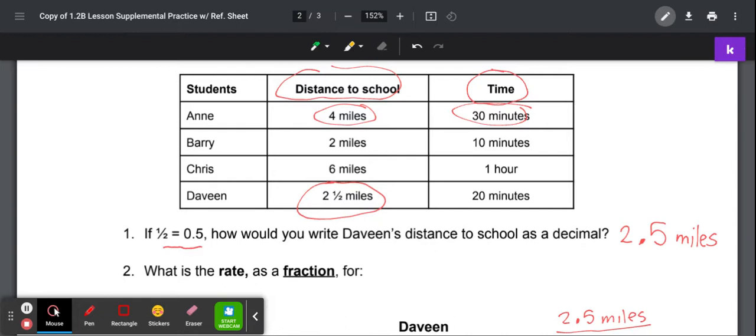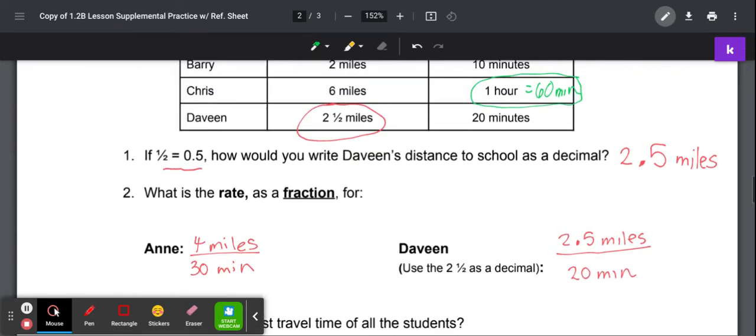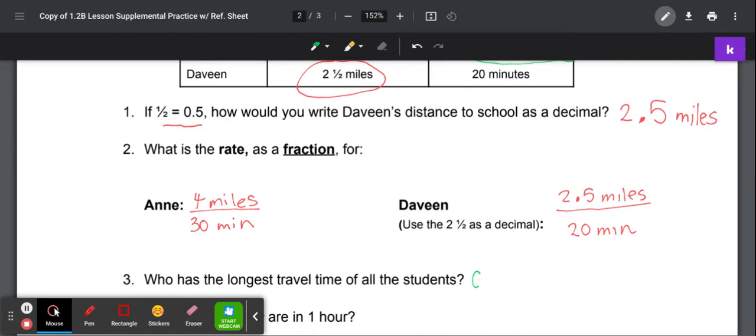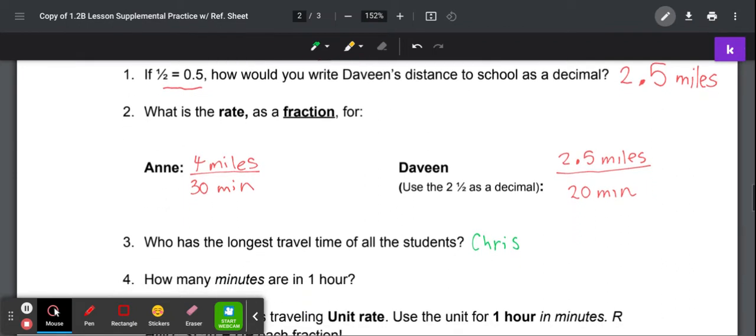So remember that an hour is 60 minutes. So that means 60 minutes or an hour is much greater than everybody else's time. So we're going to say that Chris is the one who has the longest travel time.